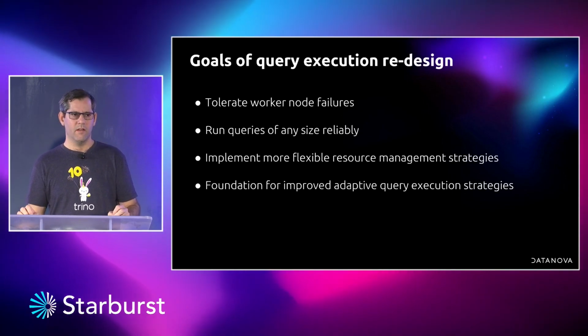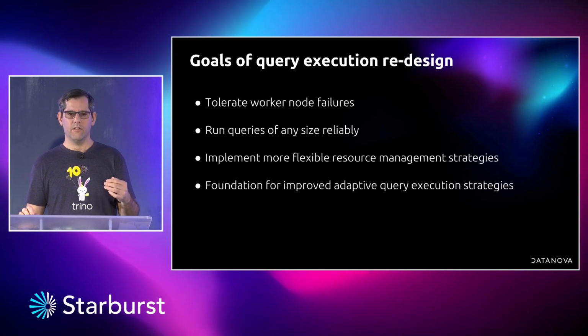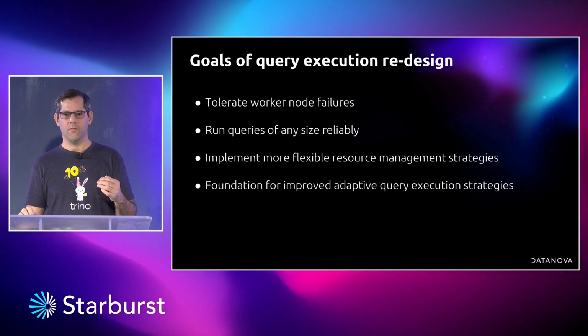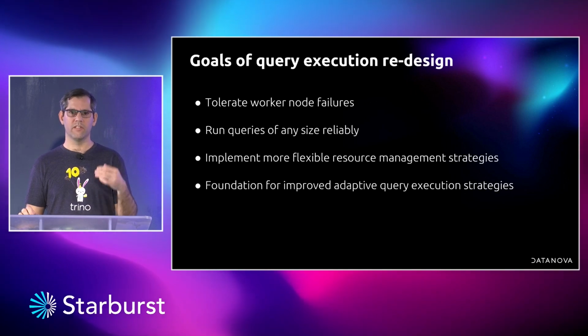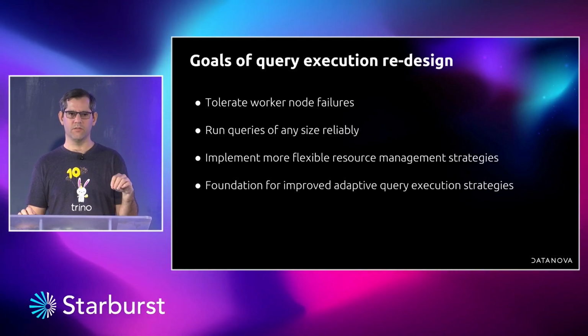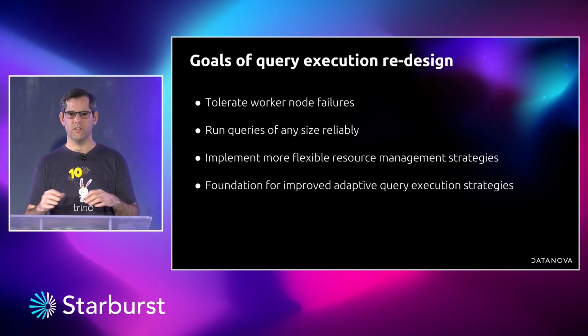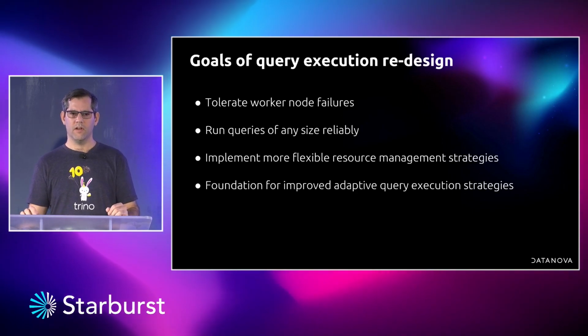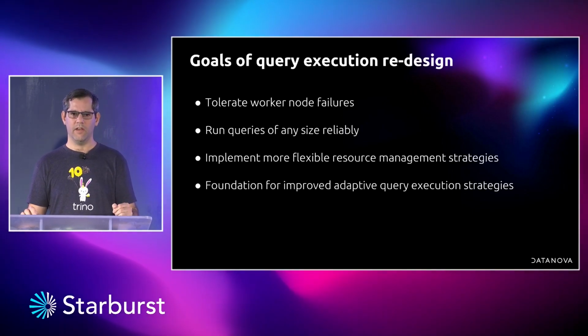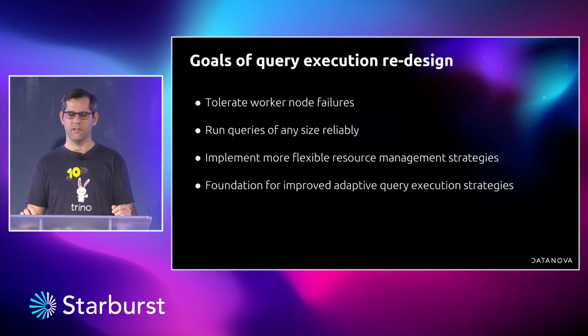And then finally, one big goal: we started thinking about how we can take advantage of what goes on during the query execution to adapt the execution dynamically. There are lots of things that Trino can do to adapt to different running conditions. If you add more nodes, some parts of the query can scale up. But there are some things that it cannot do. For example, it has to plan the query up front, and it can use statistics and cost estimations to figure out the best strategy.